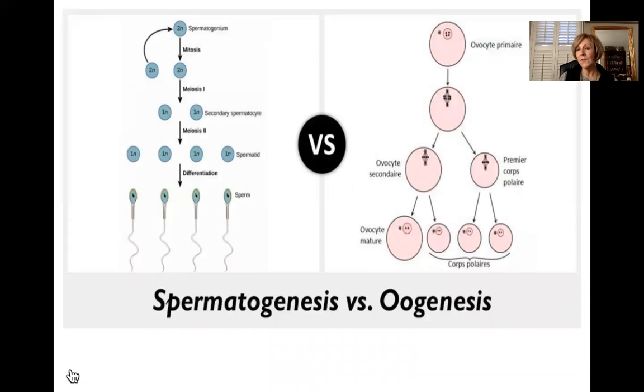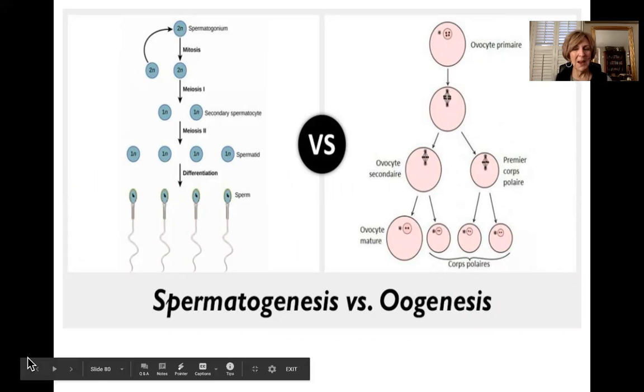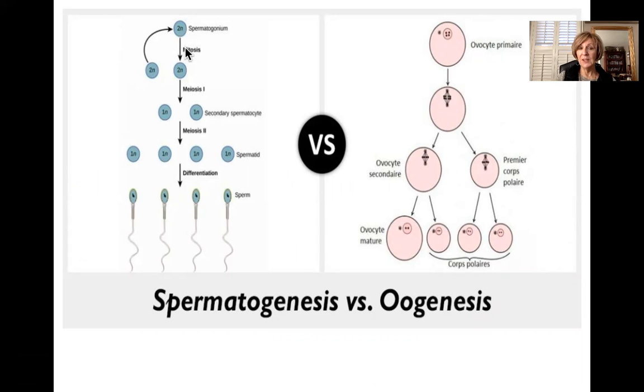So now I'd like to finish up the lecture on meiosis to talk about specifically spermatogenesis versus oogenesis. I want you to just look at this first, and we're going to start with the male because that's easier. We have mitosis. These spermatogonium cells are going to be in the testes, and they're going to go through mitosis, so they're just going to make more of them.